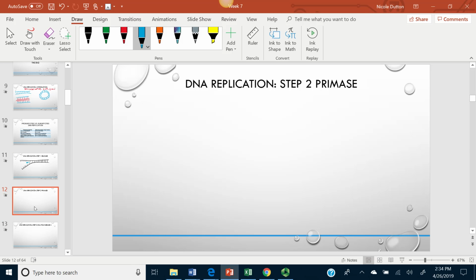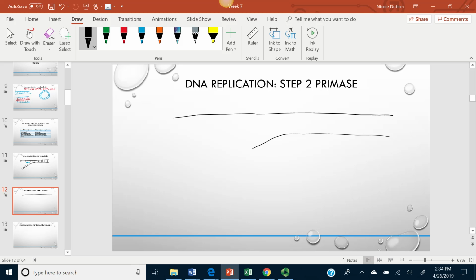In step two, primase is involved. Primase is an RNA primer laying enzyme.